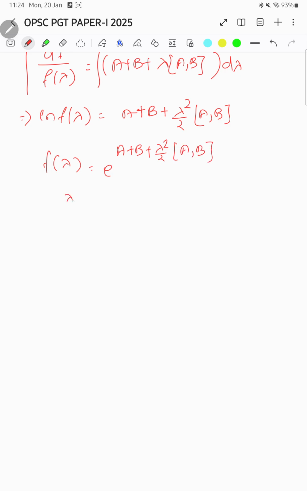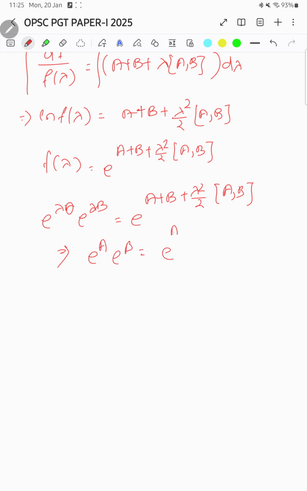Okay, put lambda is equal to 1, and f of lambda is nothing but e to the power lambda a e to the power lambda b. Now you have to just put lambda is 1, so you will get e to the power a e to the power b is equal to e to the power a plus b plus 1 by 2 [a, b] commutation.